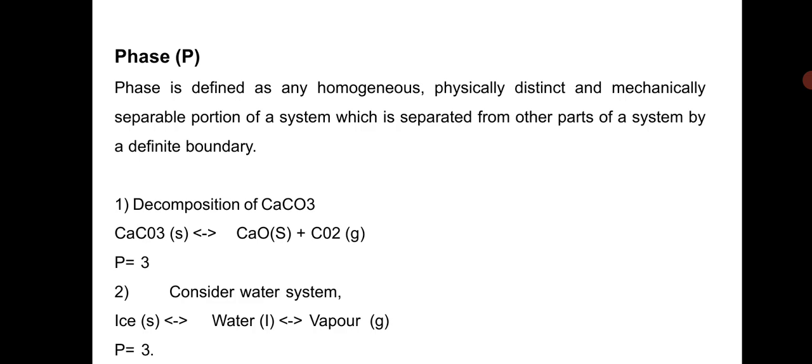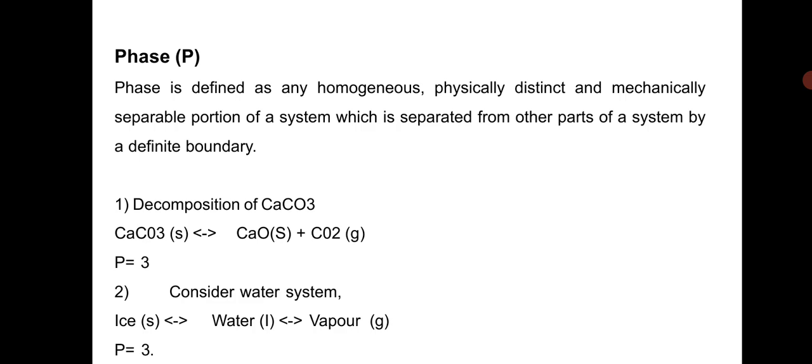So a physically distinct and mechanically separable portion of the system which is separated from other parts of the system by a definite boundary is called a phase. The best example is the water system. Water can exist in three phases: water, ice or gaseous state.